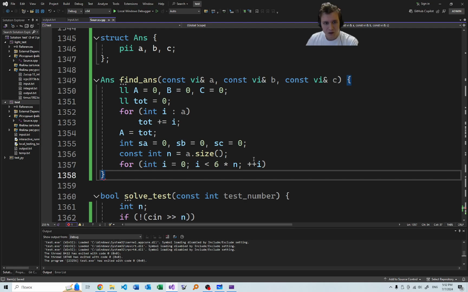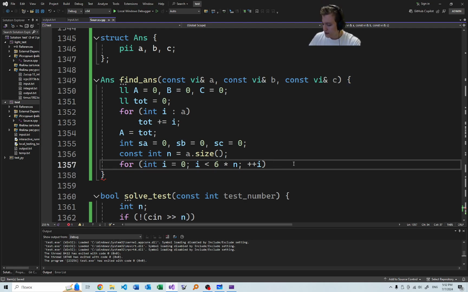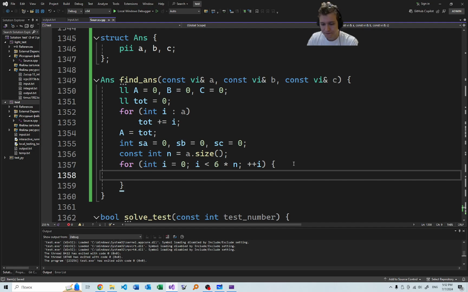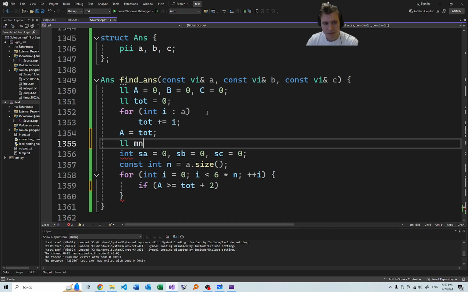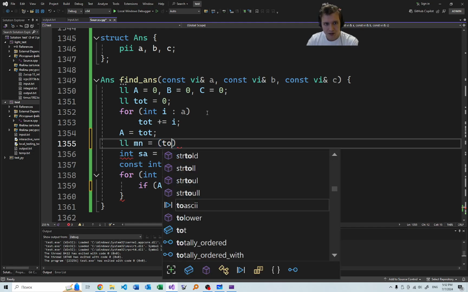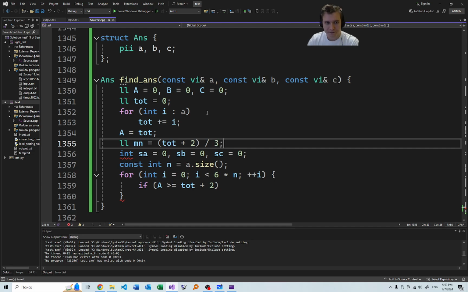Okay, so what do I want to do? I want to actually take, so first of all, if A is at least third over 3. Let's also say LL minimum is third plus 2 over 3.